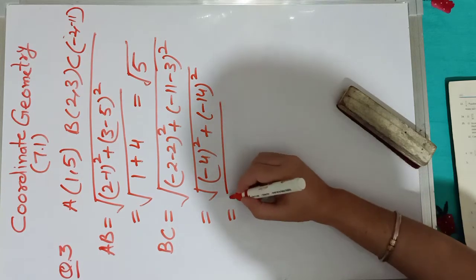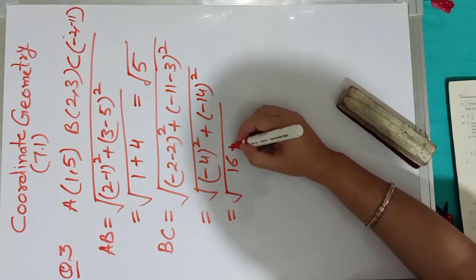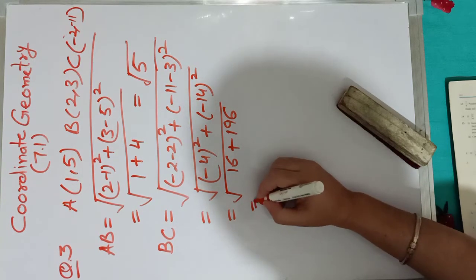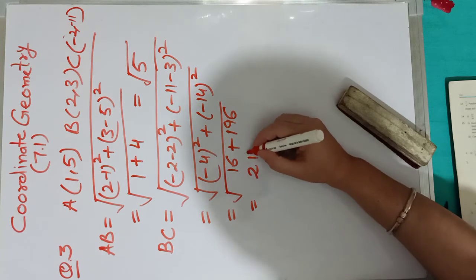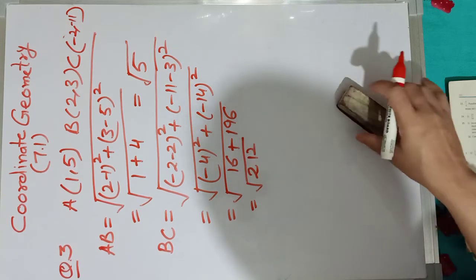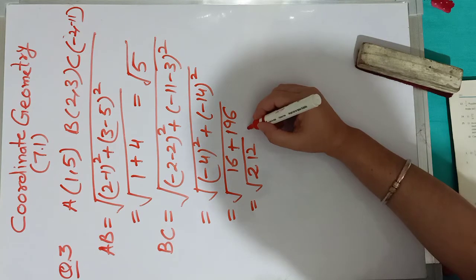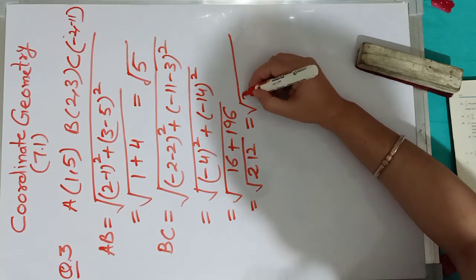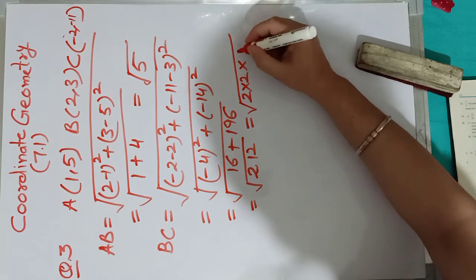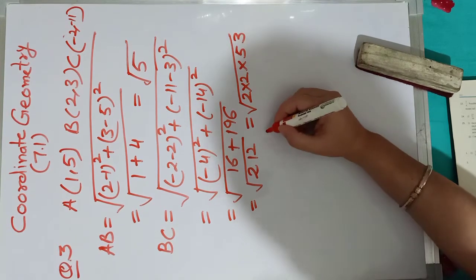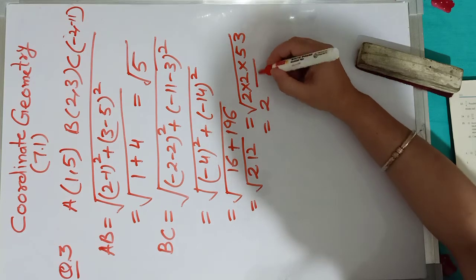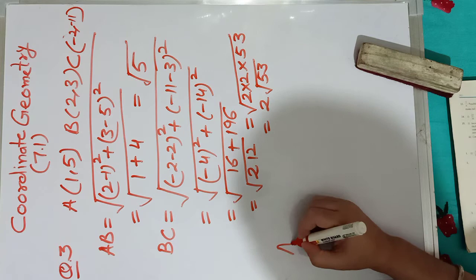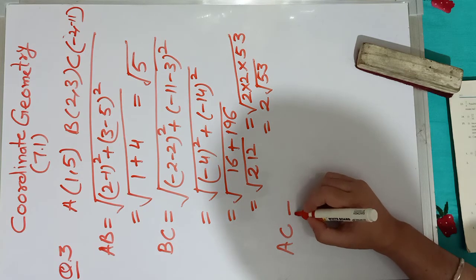Just find their square. It is 16 plus 196 and it's 212. 212 can be written as 2 into 2 into, just factorize it, you will get 2 under root 53. Then come to your last distance, that is AC.